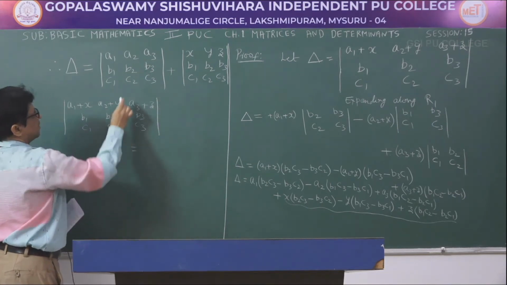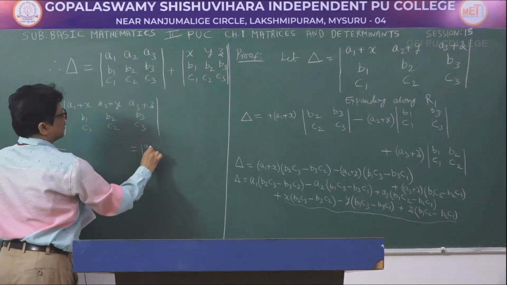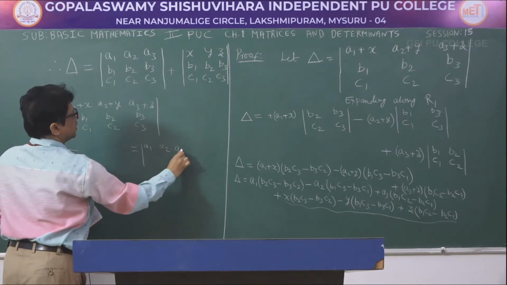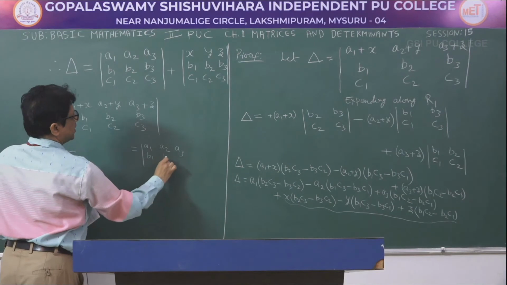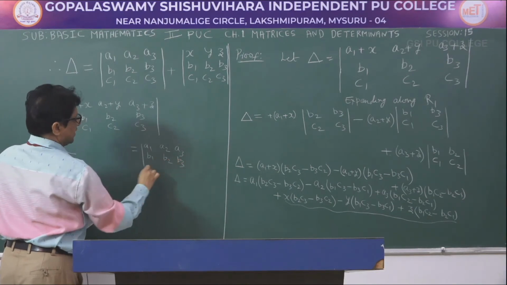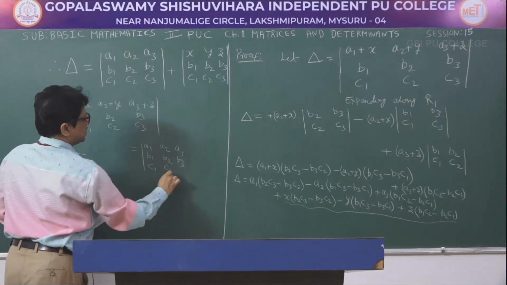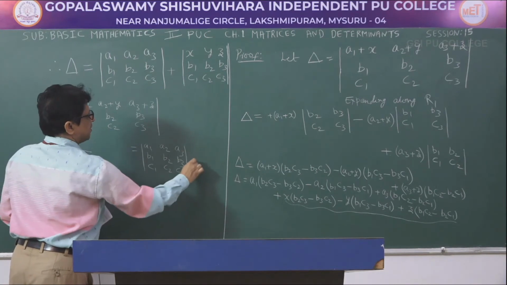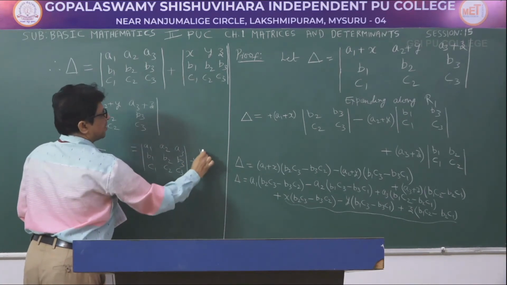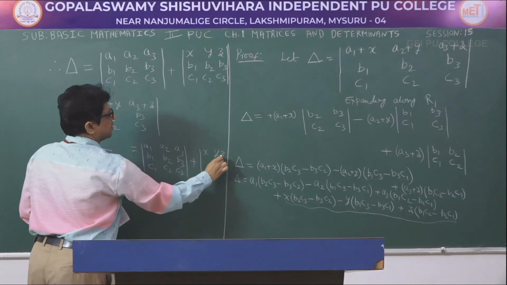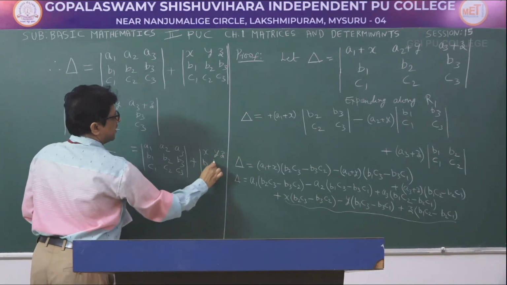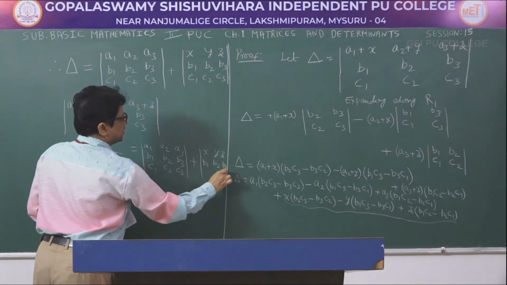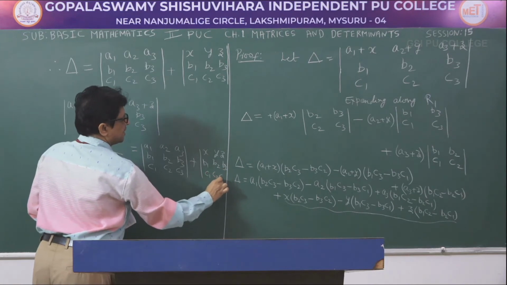That will be equal to the determinant of a1, a2, a3, b1, b2, b3, c1, c2, c3 plus the determinant of x, y, z, b1, b2, b3, c1, c2, c3.